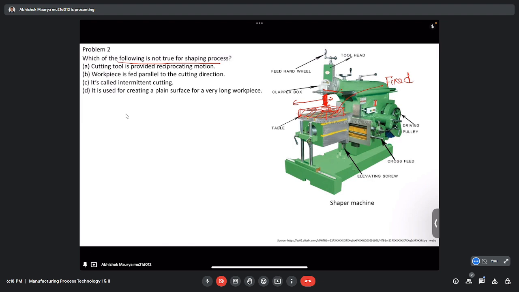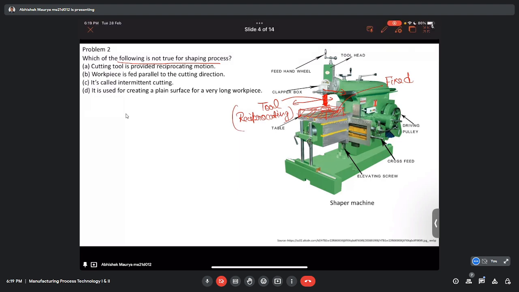This is the tool, and here the tool is reciprocating, and we are giving some feed to the workpiece.